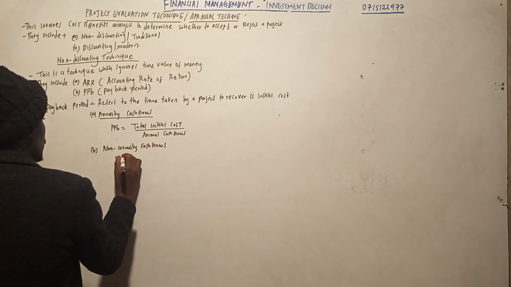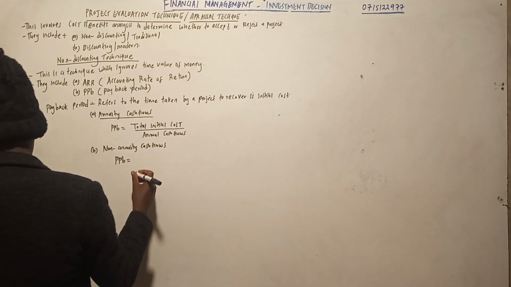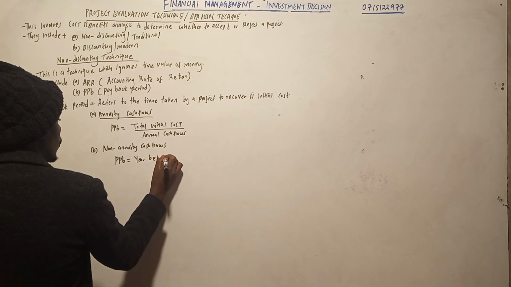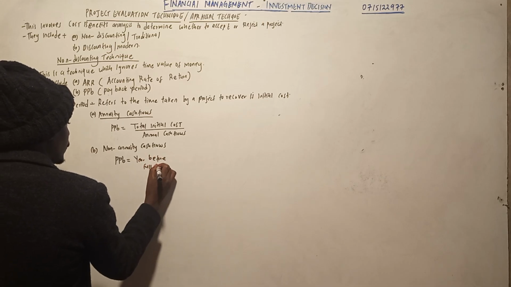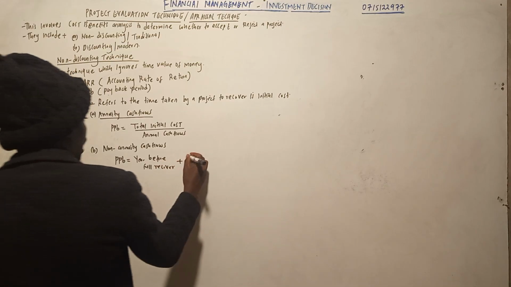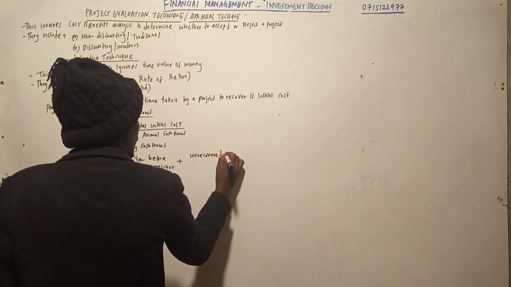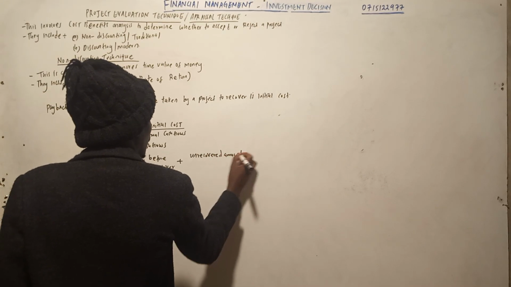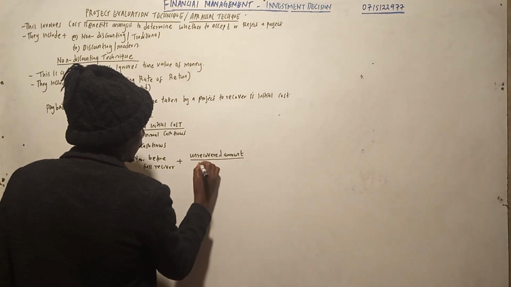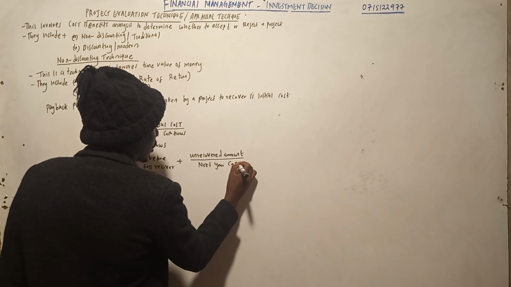For the payback period, we have two formulas. First, payback period is equal to the years before full recovery, plus the unrecovered amount over the next year cash flow.